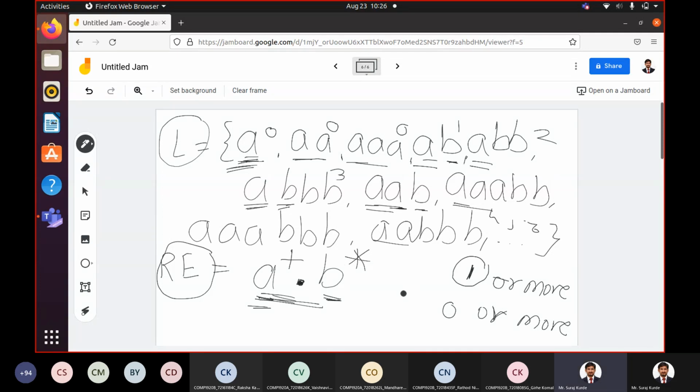For a given language which is accepted by DFA or NFA, if the language is accepted by NFA or DFA, it can be represented using a regular expression. And what does a regular expression consist of? Input alphabet, that is the part of a string, A, B; these are the part of the string. So they are the input alphabets. States are not part of a string.